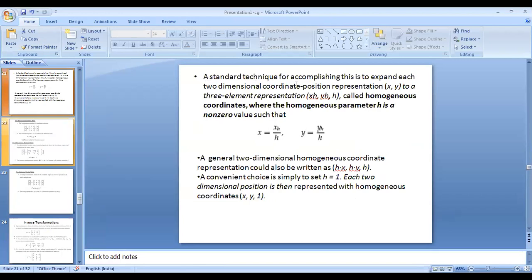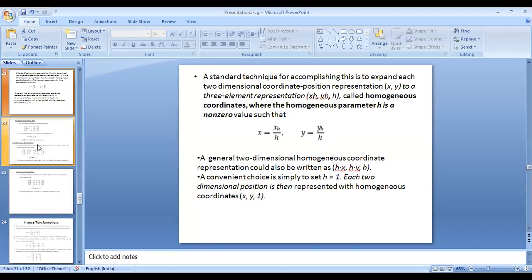A standard technique for accomplishing this is to expand each two-dimensional coordinate position xy to a new three-dimensional coordinate xh, yh, and h, called homogeneous coordinates, where x is equal to xh by h and y is equal to yh by h. To make x equal to xh and y equal to yh, I take h equal to 1. So always my three-coordinate system looks like this: x comma y comma 1.